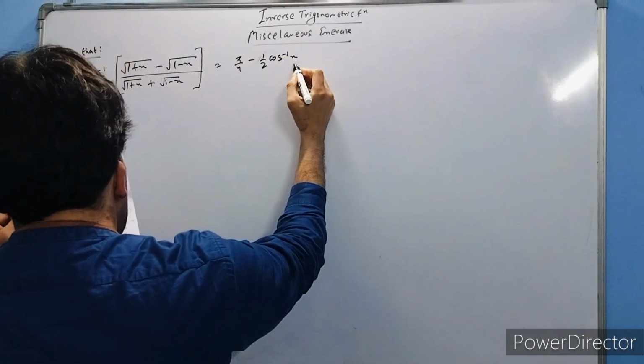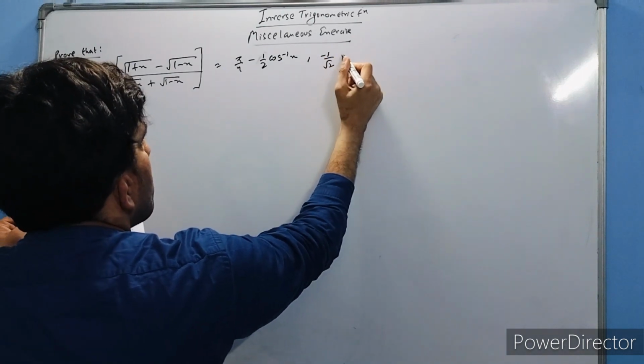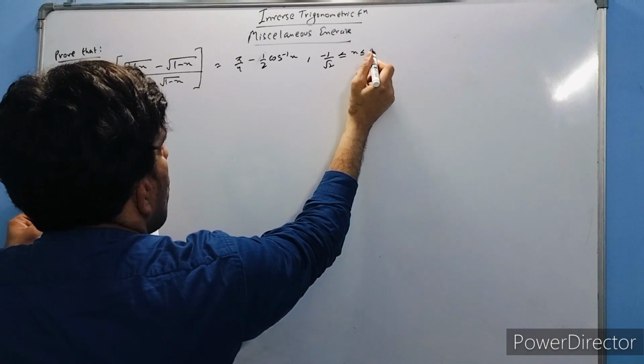Now we have given that x lies between minus 1 upon root 2 to 1.